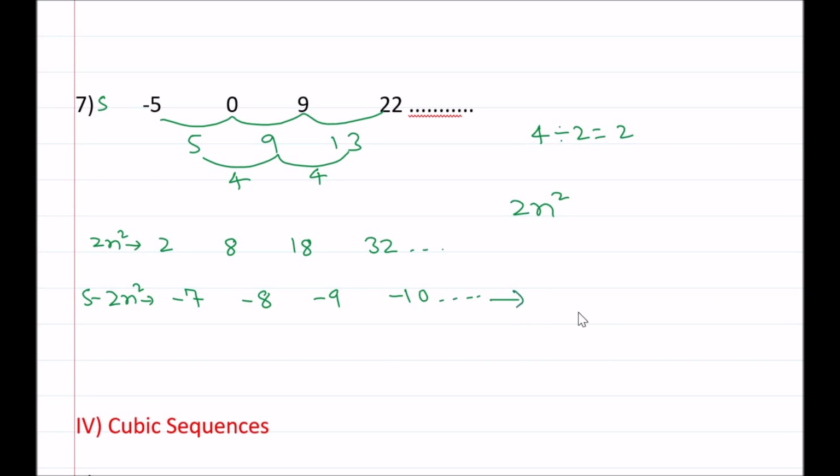For this sequence, see what is happening? 1 is being subtracted each time. So that means minus n. Now go one step back, to the left of minus 7. So you will get minus 6. So minus 6 comes here.